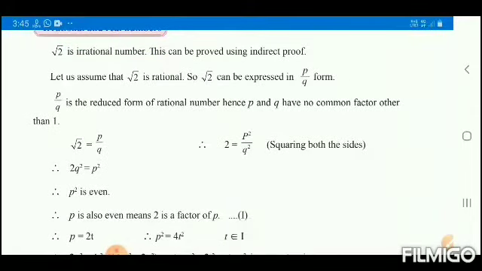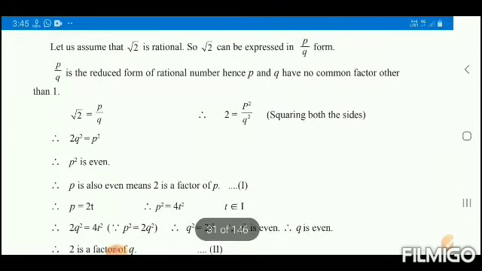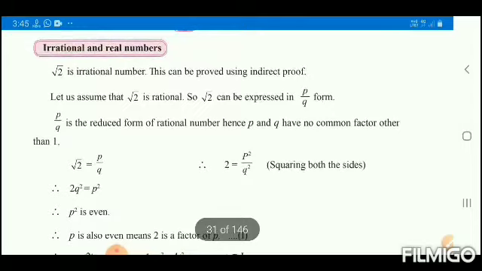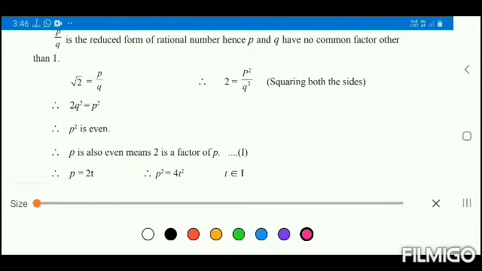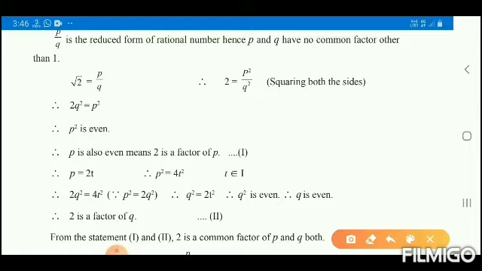Hence p and q have no common factor other than 1. Now we assumed that root 2 is rational. So we will take root 2 equal to p upon q.